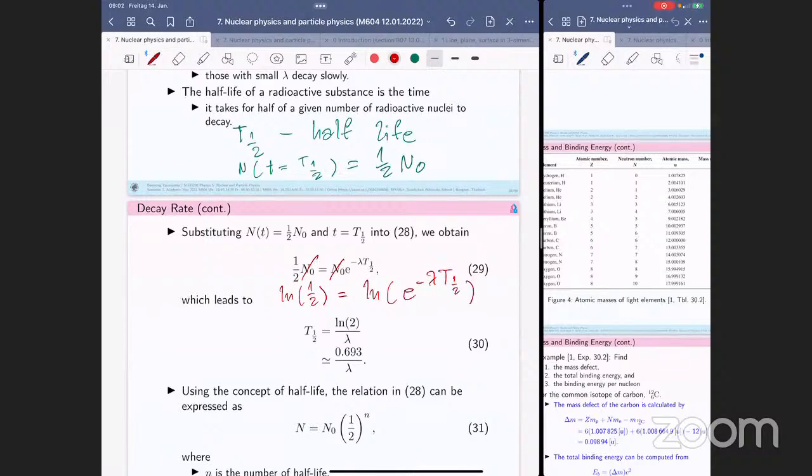T1/2 and lambda are going to move out of the ln, and this will remain as 1. So you will get lambda T1/2 equal to ln of 1/2. It's negative, right?